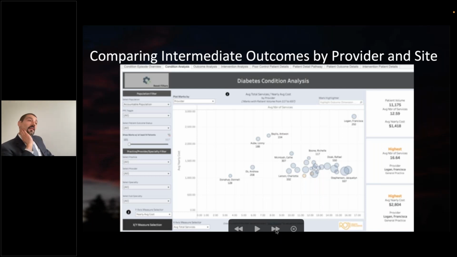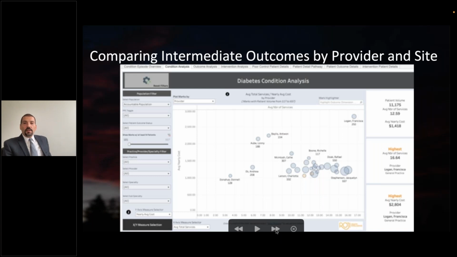This isn't to say that a provider who has patients with a high intermediate outcome is a bad provider compared to someone who is not. But these are the analytics that you're going to be able to use to start asking yourself questions. Each of your practices is going to have different sets of patients in them, and so one group may need a lot more support from the ACO than another, but that's good to know.